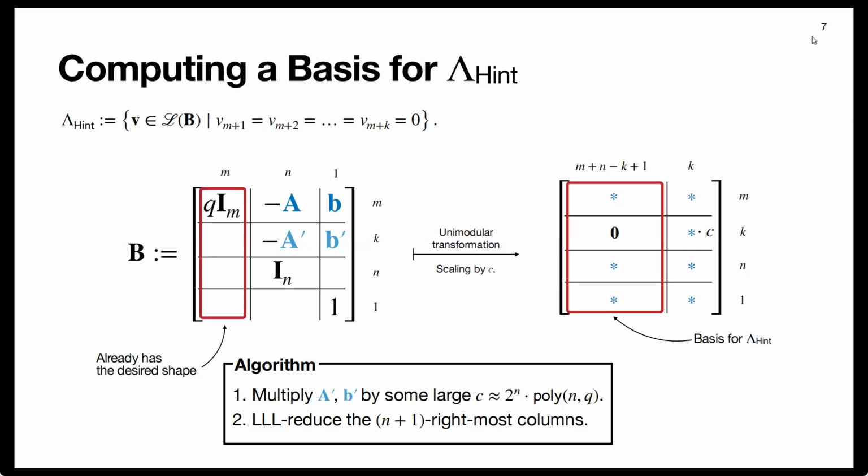But in our lattice, we multiplied everything in this k-dimensional block by c. So as soon as we have a vector in this lattice that has a non-zero component here, it will be larger than c. And so the only way to find a vector that is smaller than c is to put zeros here. So we simply have to reduce it, and it is guaranteed we will find something that is shorter than this, and by that it will have zeros. So this works. And since it's only an n plus 1 dimensional lattice, this second step will be reasonably efficient even for cryptographic size.